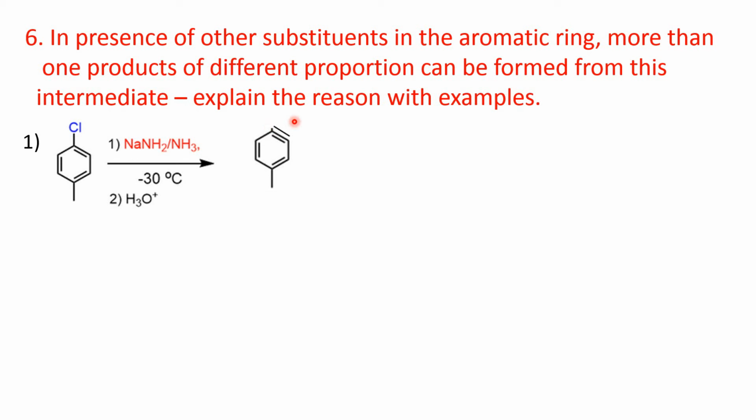So the negative charge preferably forms here. That means the nucleophile will attack here. Then what will be the product? The product will be this one. This is the major product. When the nucleophile attacks the other carbon, that will be the minor product. So this is the major product, and to some extent this product also will form as a minor product.